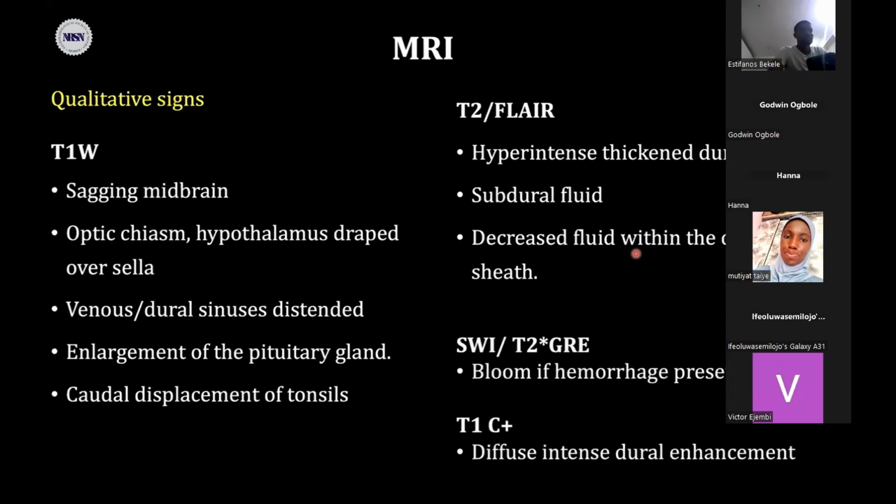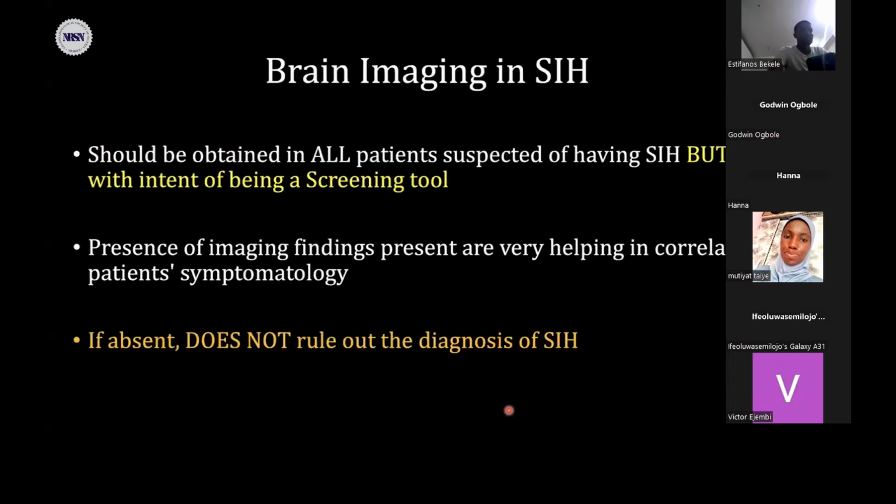If there's any hemorrhage, then you will have blooming on the susceptibility-weighted images. Here again, we expect to find dural enhancement, which is thin and smooth with no nodularity associated. However, we've said that it's not in all patients. In patients who have chronic symptoms, they may not show these signs.